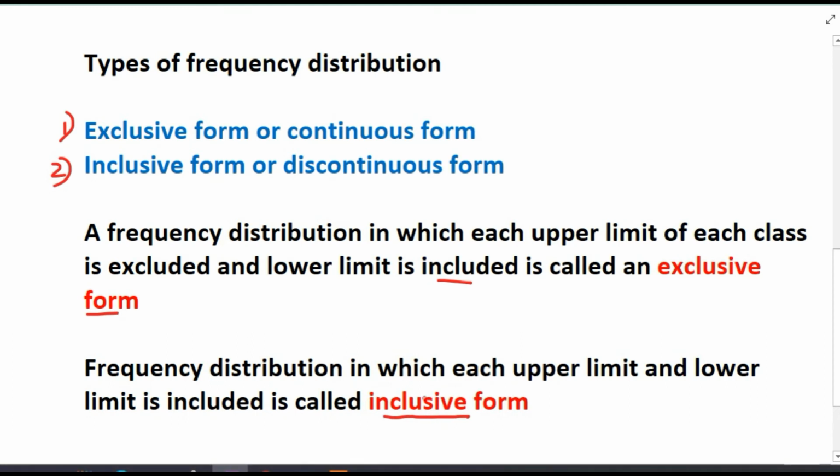So the frequency distribution in which both limits are included is inclusive form, whereas only the upper limit is excluded and the lower limit is included, that is exclusive form.